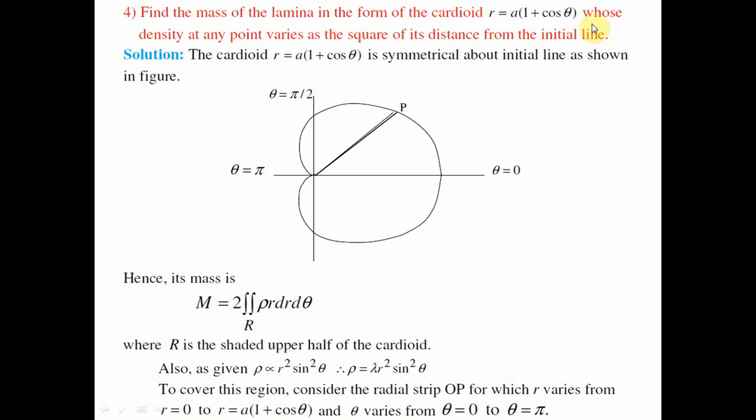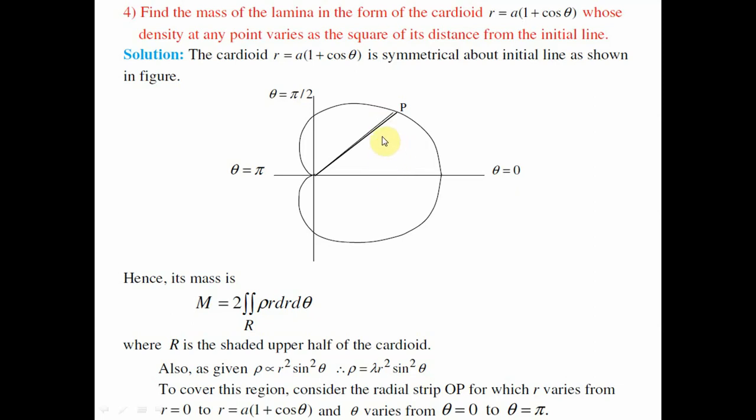As given in question, the density at any point varies as the square of its distance from the initial line. So this is our region R. Now in this region R, say somewhere if we consider the point P, then we know that the distance of that point P from initial line, that is x-axis, is its y coordinate.